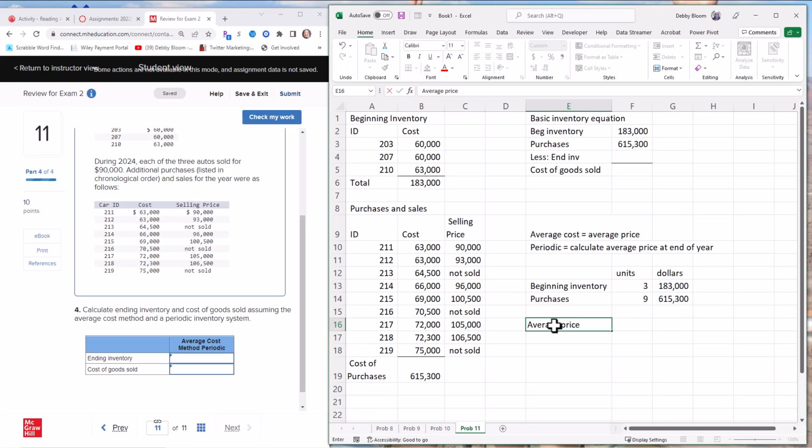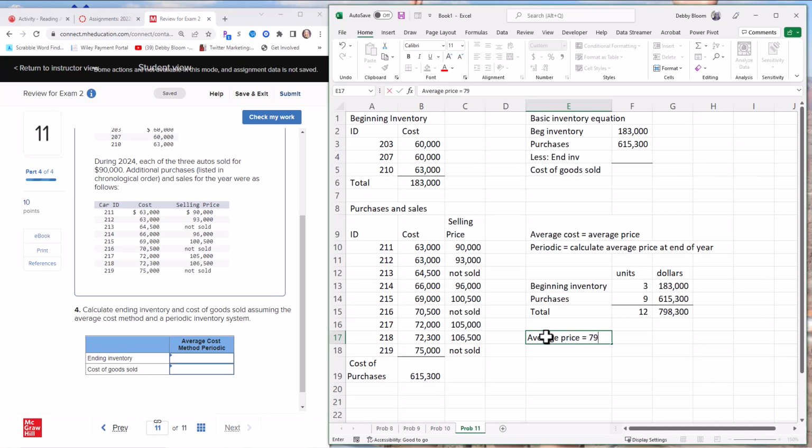So for our average price, we're just going to take the total of the two and divide. Before I calculate the average price, I'm going to calculate the total for the units. And by the way, this is goods available for sale. So I'm going to calculate the total of the units and the total goods available for sale in dollars. Now to calculate my average price, I'm going to take the goods available for sale in dollars and divide by the goods available for sale in units.